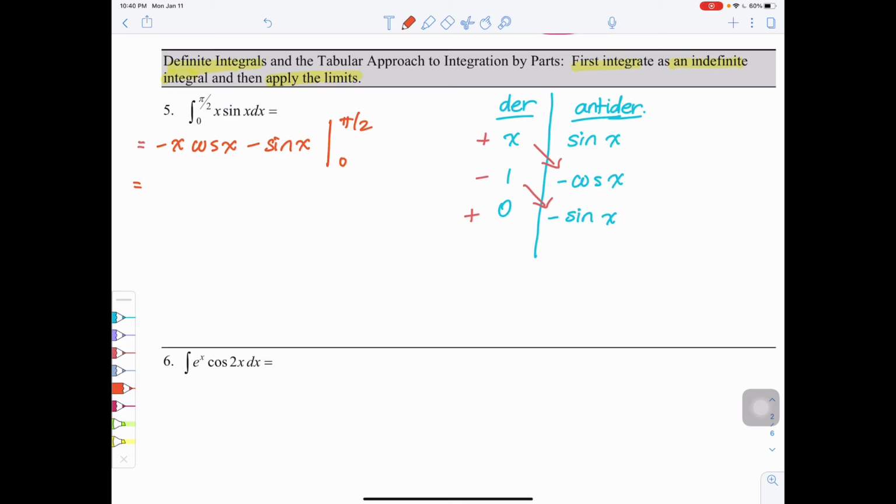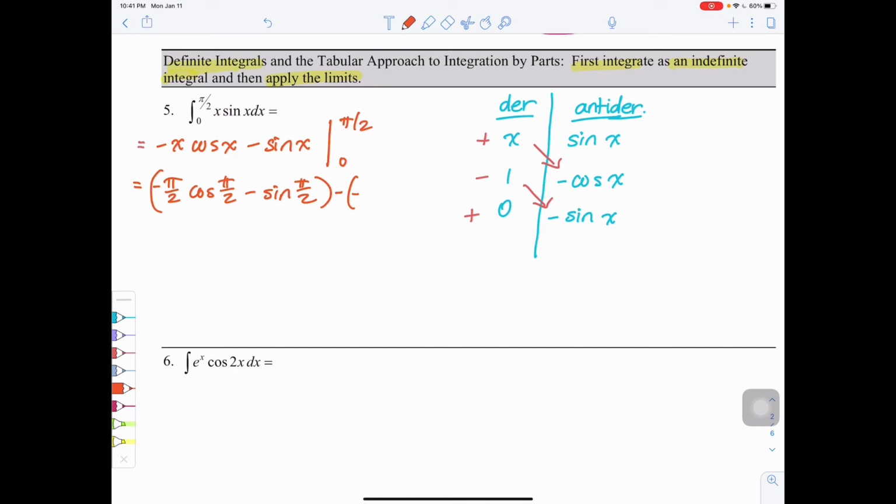Okay, so let's go ahead and plug in pi over 2: negative pi over 2, cosine pi over 2, minus the sine of pi over 2. All of that minus 0.